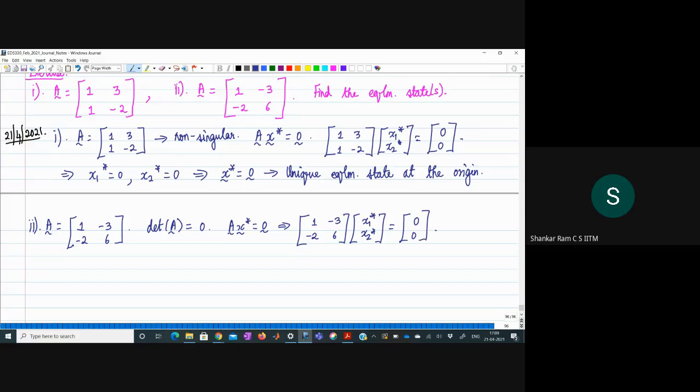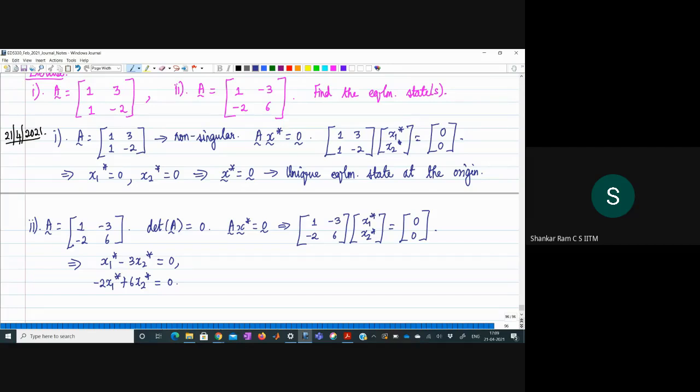So now if we solve these two equations, what are we going to get? We are going to get x1 star minus 3x2 star is equal to 0, and the second equation is minus 2x1 star plus 6x2 star is equal to 0. You can immediately see that the two equations are one and the same, right?